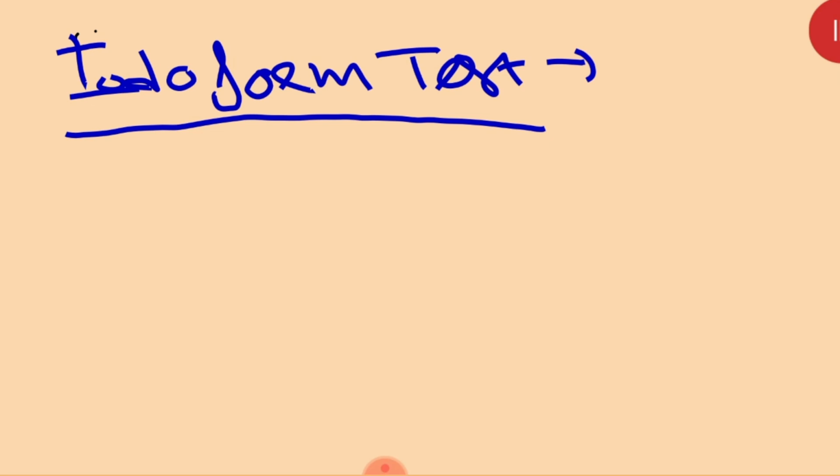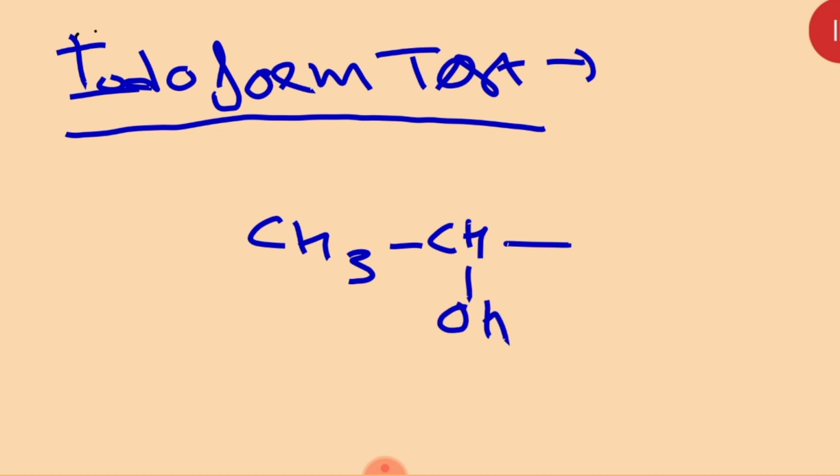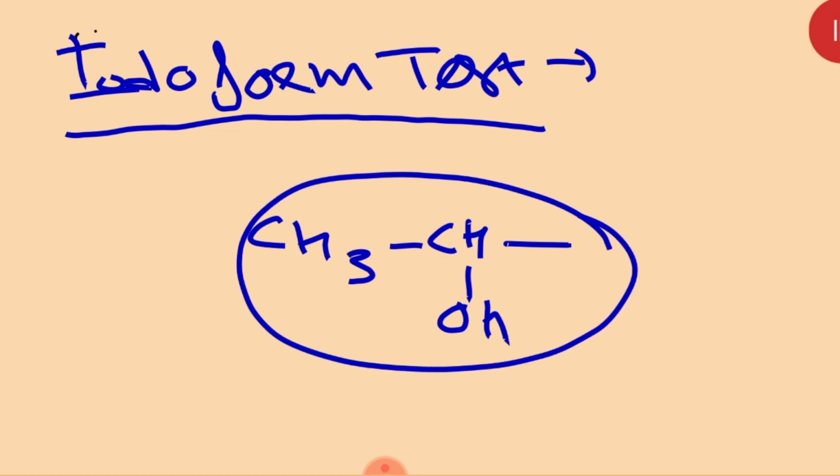Remember one thing before starting this test: all the alcohols which contain the CH3CHOH group, or you can say methyl carbonyl, can be distinguished from the others, because only they will give the iodoform test.